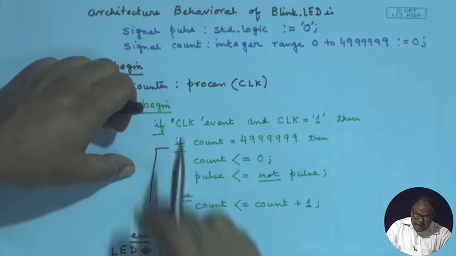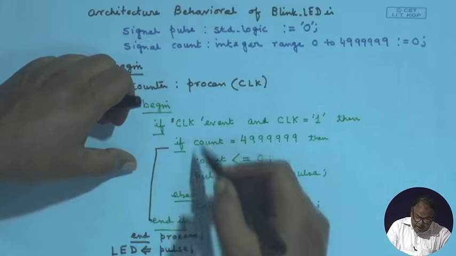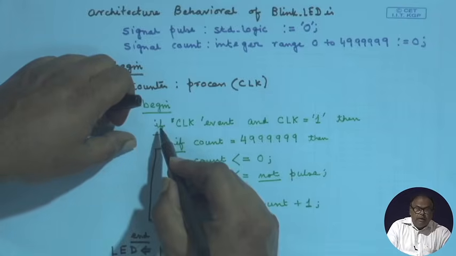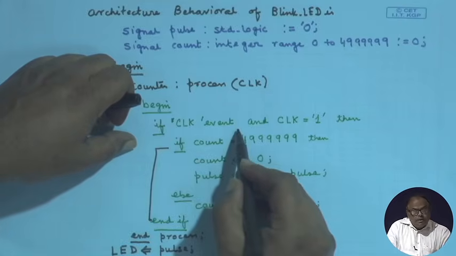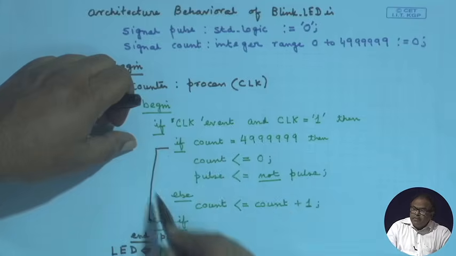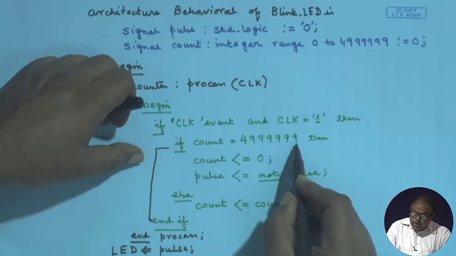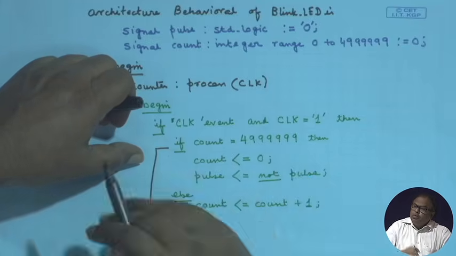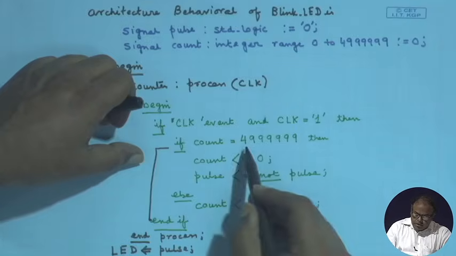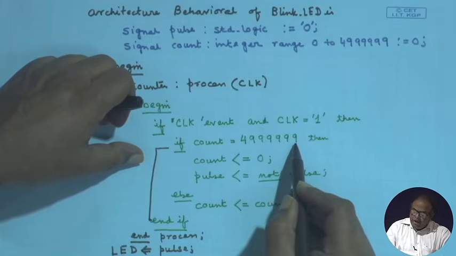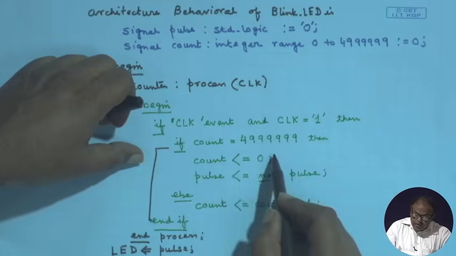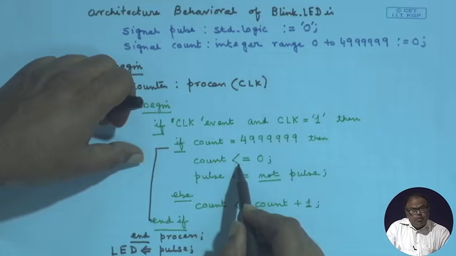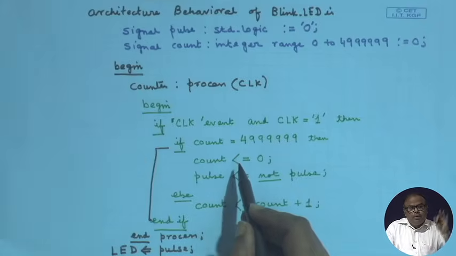On the clock event again, I will enter here and go on counting up. When the count reaches 5 million, after 5 million counts, I will make the count 0. Is it okay with all of you?